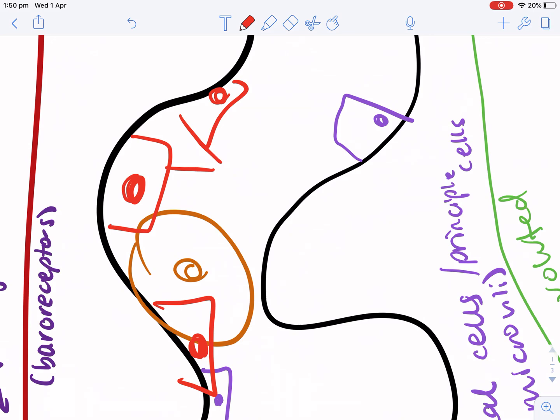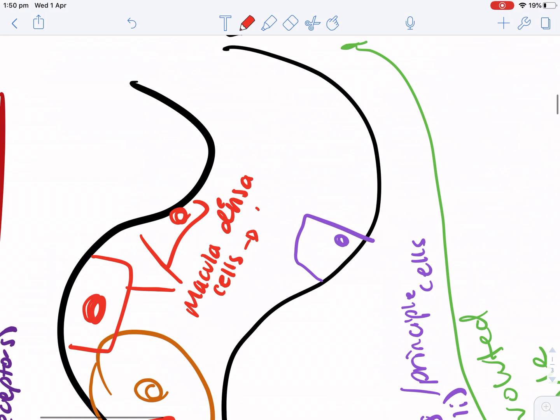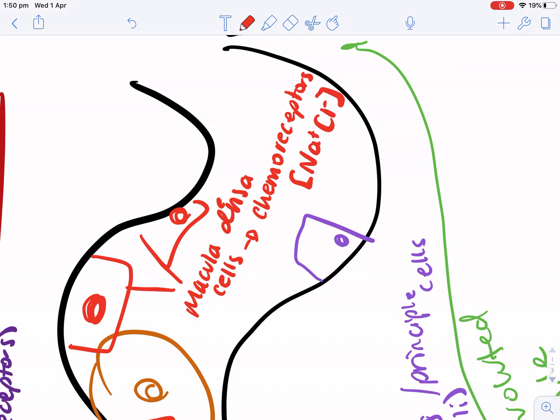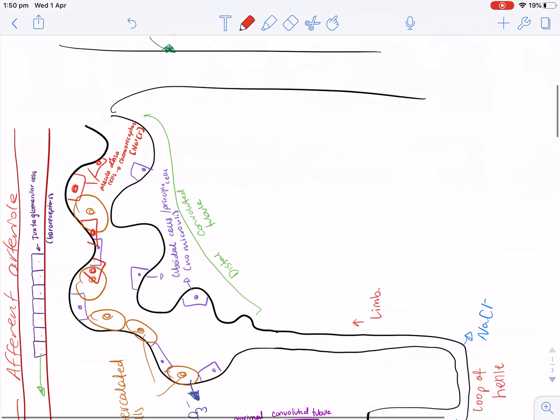So over here, we have the macula densa cells. And these cells are chemoreceptors, meaning that they monitor the concentration of sodium chloride going through the nephron.